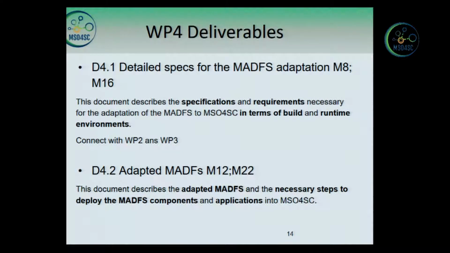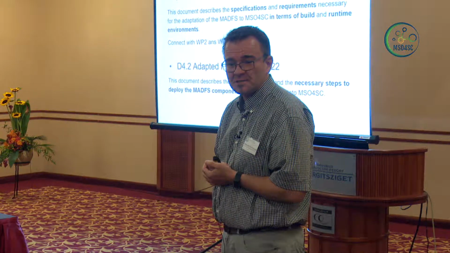But I think in general, we are looking good in terms of what we provide so far in terms of build and runtime environments. And then the second stage, we'll need to provide where we stand regarding the implementation of what we did. So thank you for your attention, and that's it.